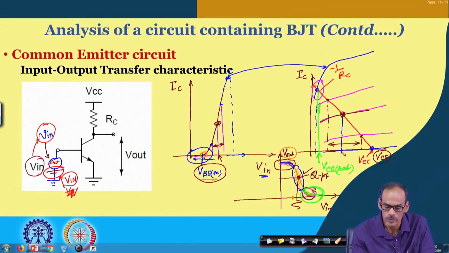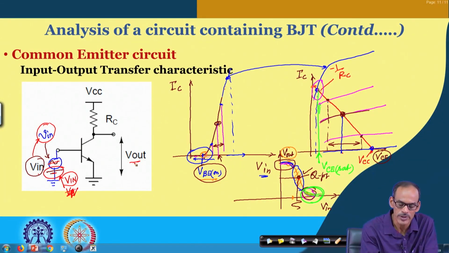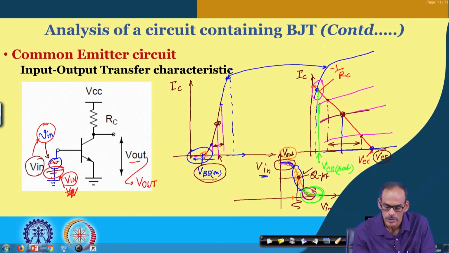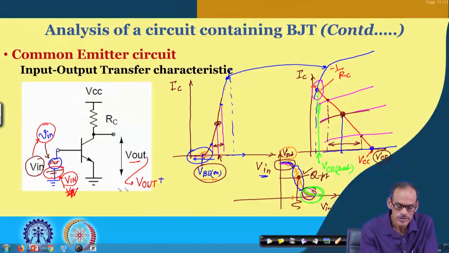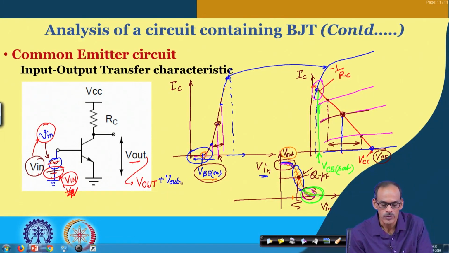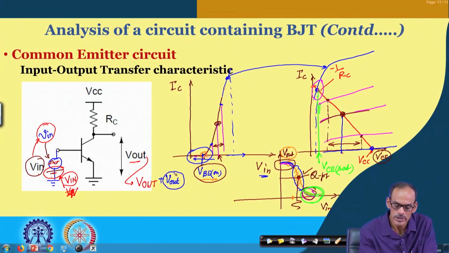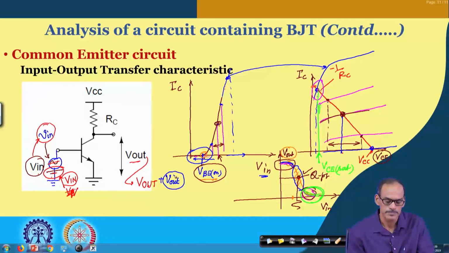Likewise, at the output, corresponding to this DC, the voltage has a DC part called capital V out, and then it also has the influence of the small signal, and the corresponding effect we call small v out. So this is the small signal part.